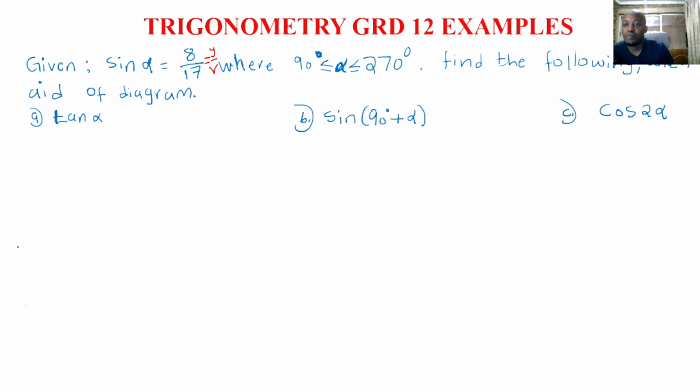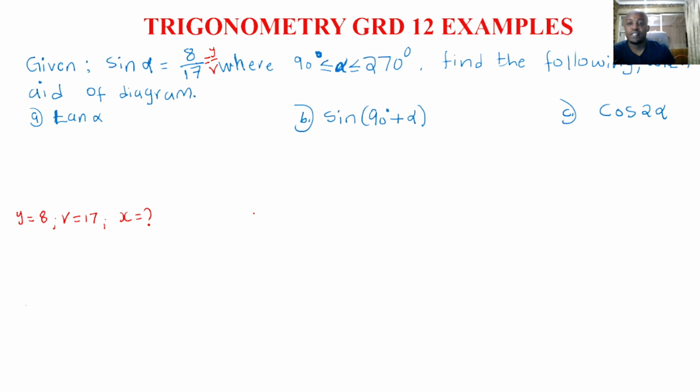I'm going to put it down here so that we can deal with it when we answer the question. y is given by 8, and therefore r is given by 17. So we're looking for x in terms of Pythagoras. We don't know what x is now.